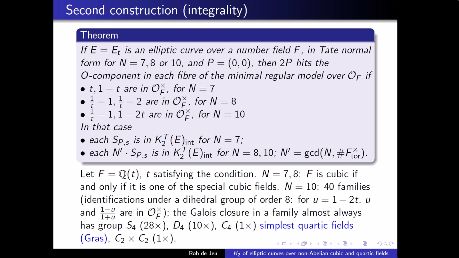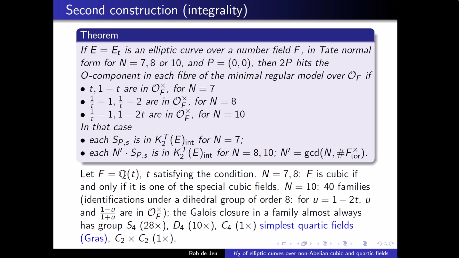And if n is even, then if you go back to the criterion, I have to worry about some order of roots of unity, but if I multiply by a suitable integer, then I will get integral elements. And the integer is very well controlled, so there's no very big surprise there.